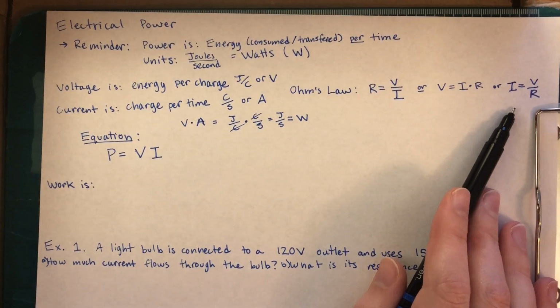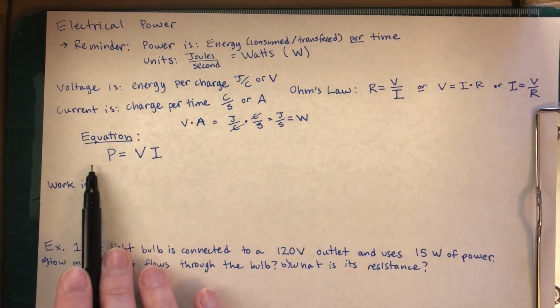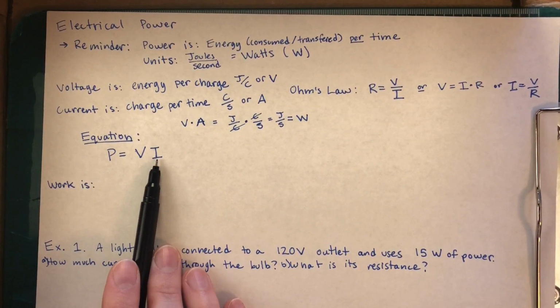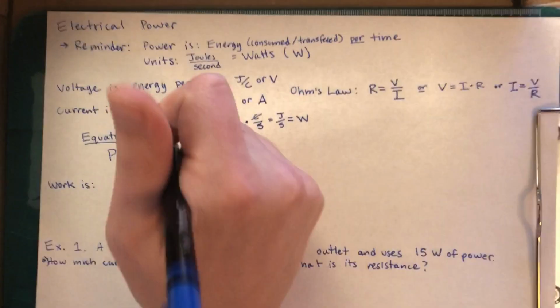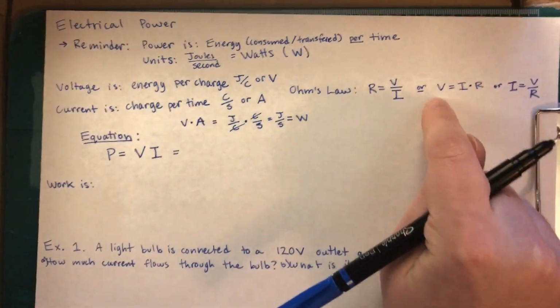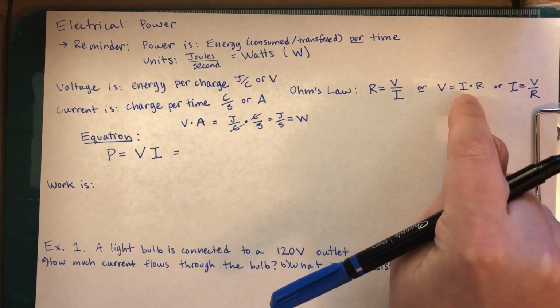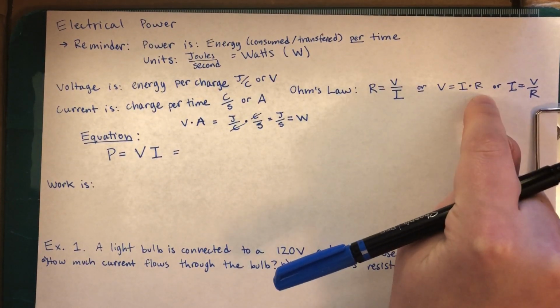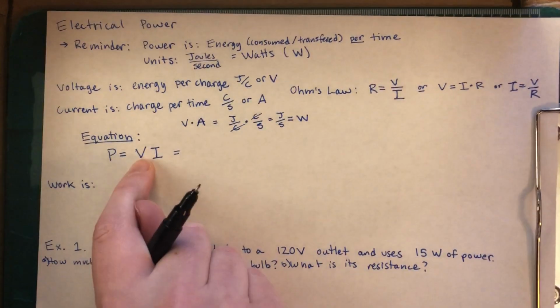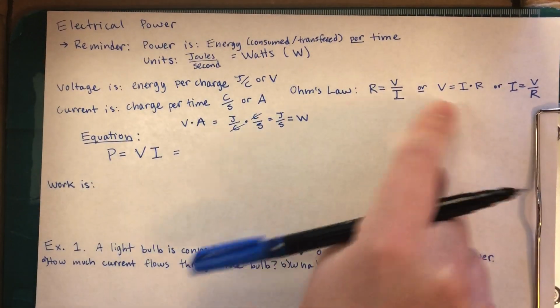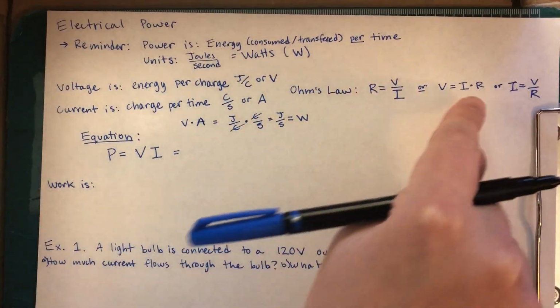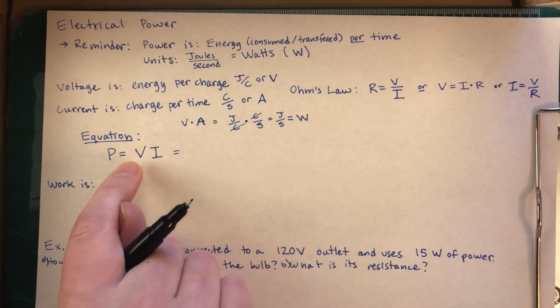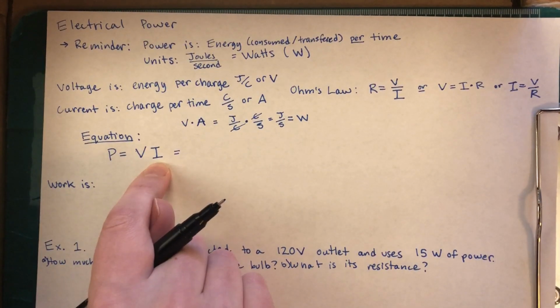So what this means is if we want to write power equals volts times current, instead of volts, we could write I times R. So we could replace this V with I times R because that's the same as V. So then we would have I times R times I again.